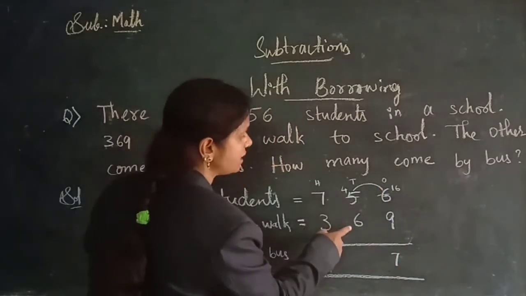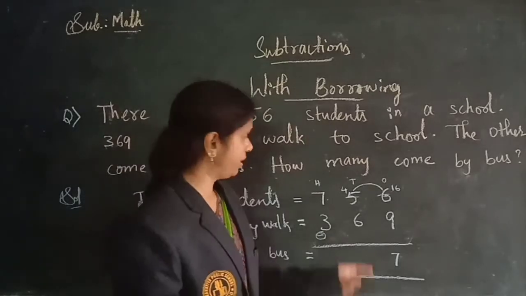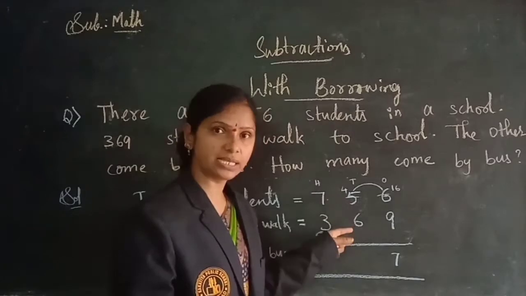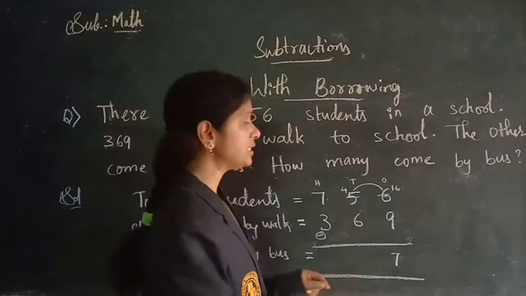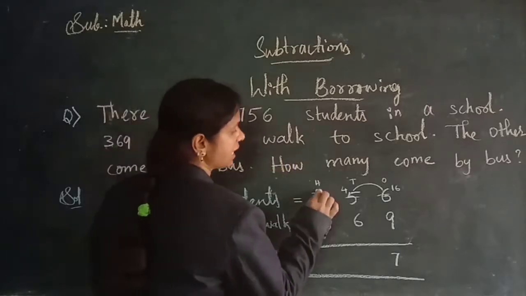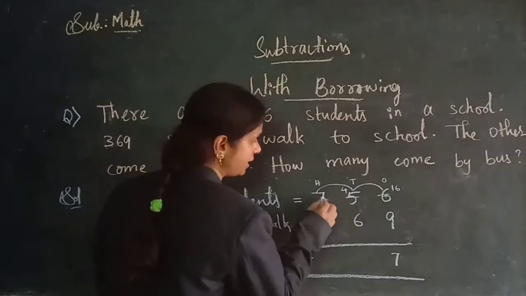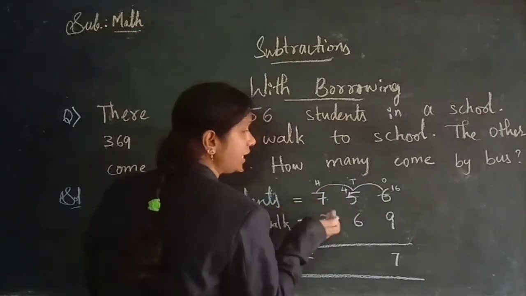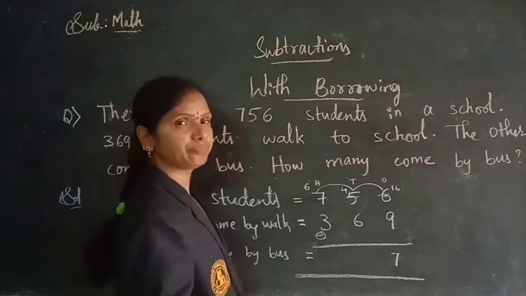Now 4 minus 6. Is it possible, children, 4 minus 6? No. Why? Because 4 is smaller than 6. So it is not possible. Here we require the borrow from the before place, nothing but from hundreds. See, I am taking the borrow from hundreds. So when I am giving the borrow from hundreds, the hundreds digit, 7, will be 6.